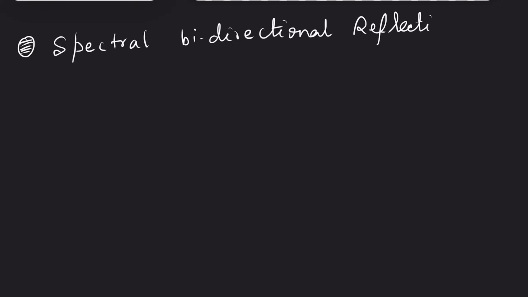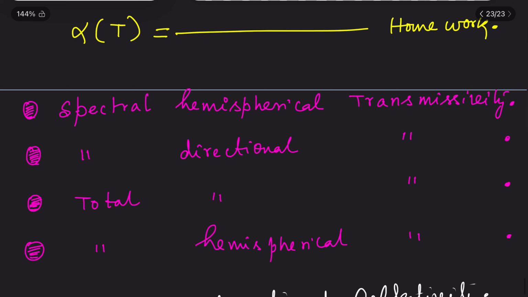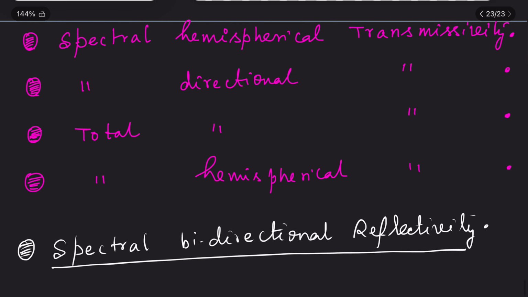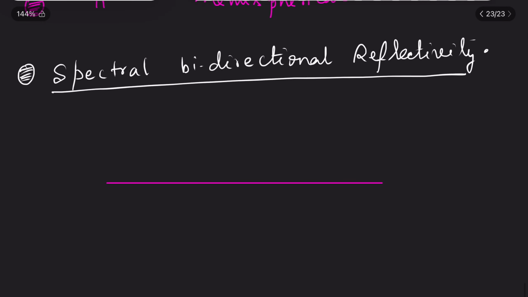So now we will write spectral bidirectional reflectivity. Now why this strange word is here, that is the bidirectional thing? So you see that for transmissivity and the absorptivity, these things are the functions of theta I and psi I only, that is only of the incoming ray.